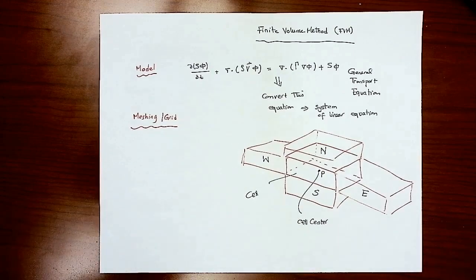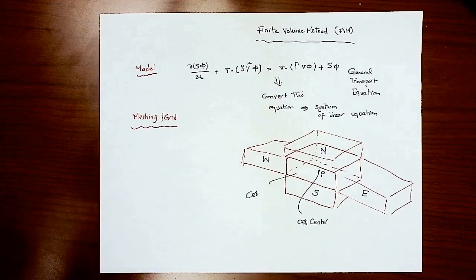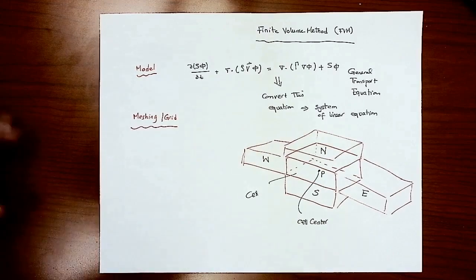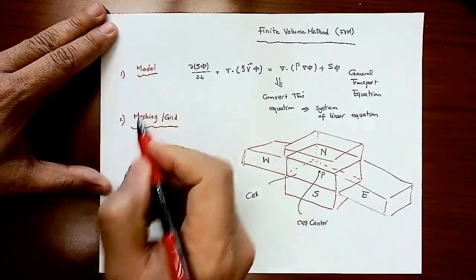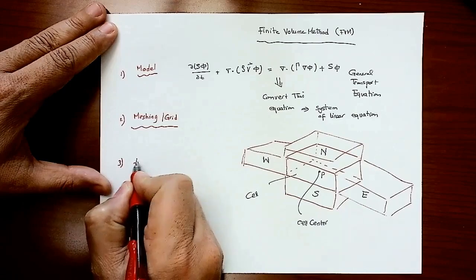So after you do the meshing or gridding, you divide your domain into control volumes. You determine the center, or the cell center, for each one of these volumes, because the approach to do the discretization is, if I call that step 1 and step 2, step 3 is integration.